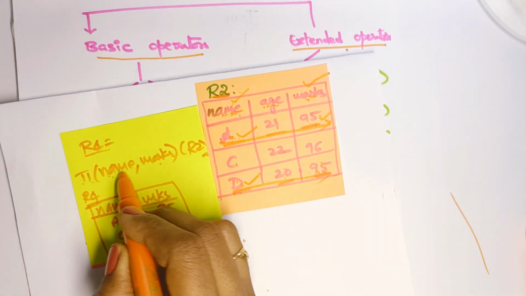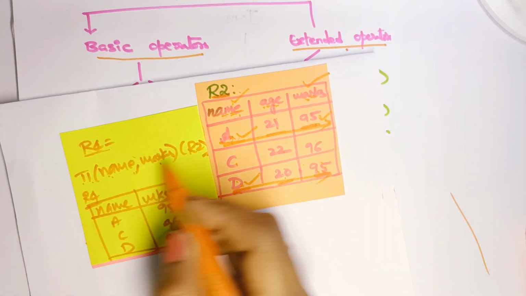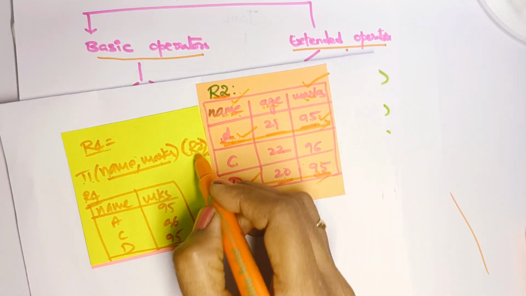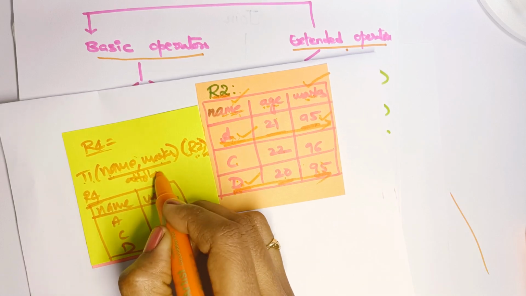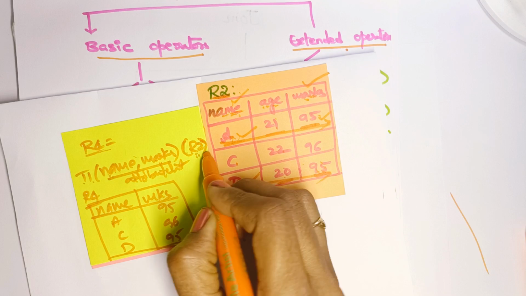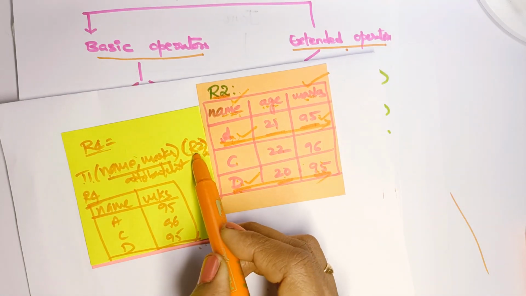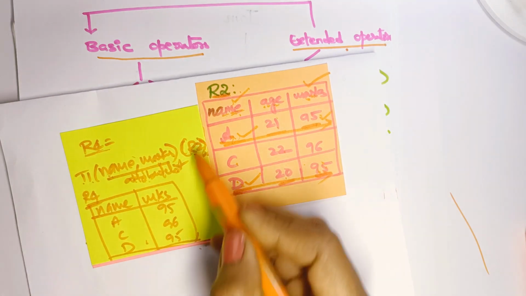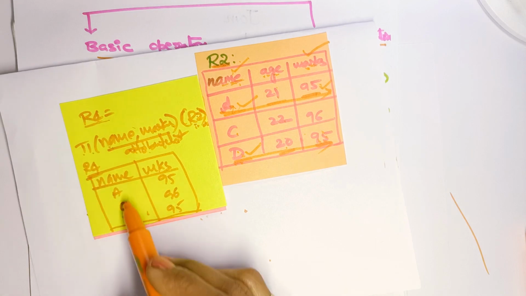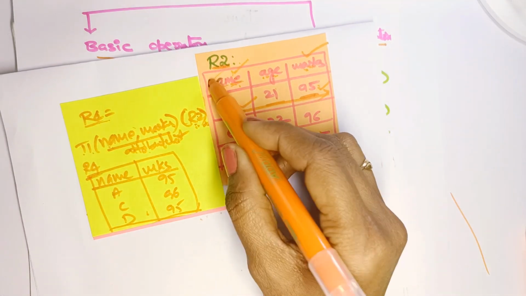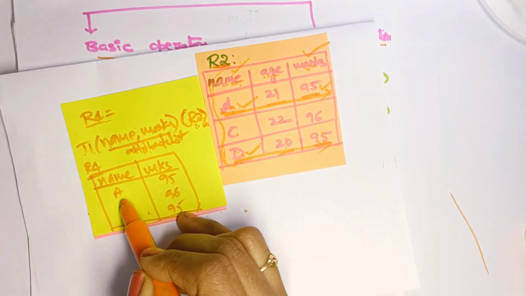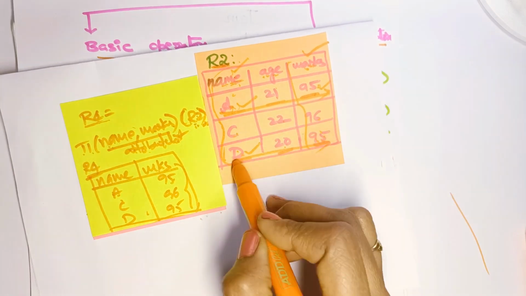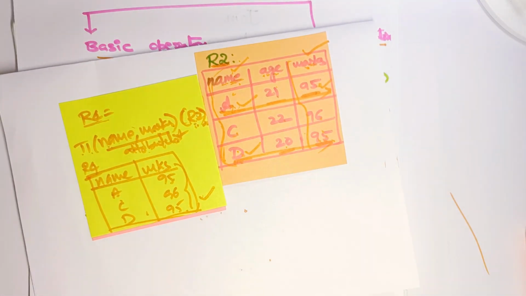You can select either a single attribute, only name, also. So you write the attributes list, and the table you are selecting from, R2. So from the R2 relation, it selects those attributes for all the rows. R4 is nothing but name and marks: A has 95 marks, C has 96, D has 95. This is nothing but projection.